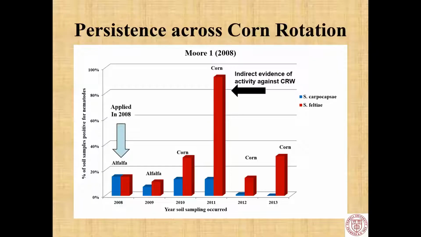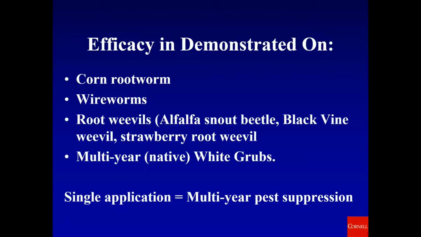Single application. We've also shown they persist across corn rotations. So here's one example where they were put on in 2008 and 2013, where they're alfalfa to corn and back to alfalfa. So they're resistant to rotation. So we've demonstrated efficacy on corn rootworm in New York and nationally, on wireworms, which is often a problem when we rotate from alfalfa grass mixtures.